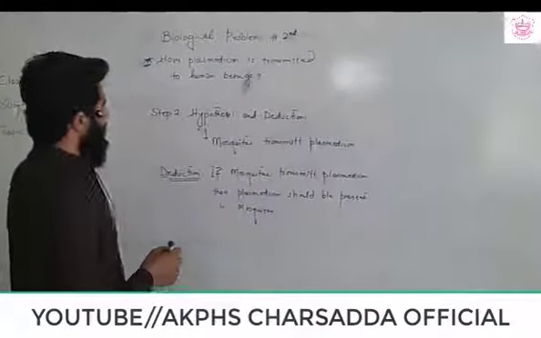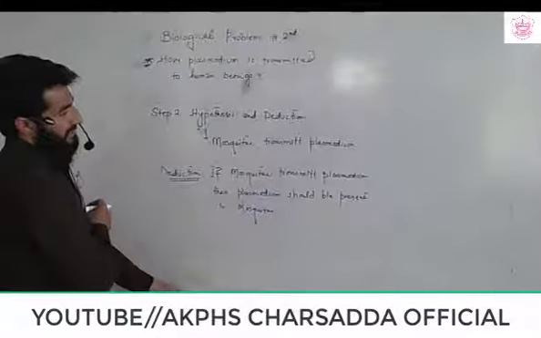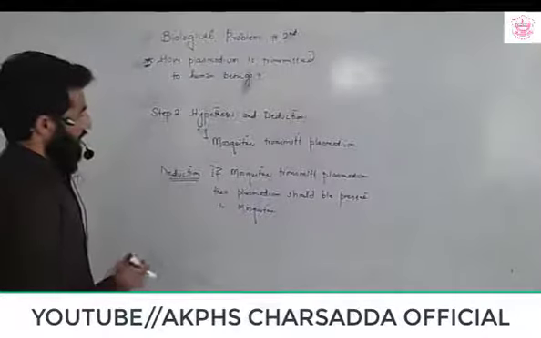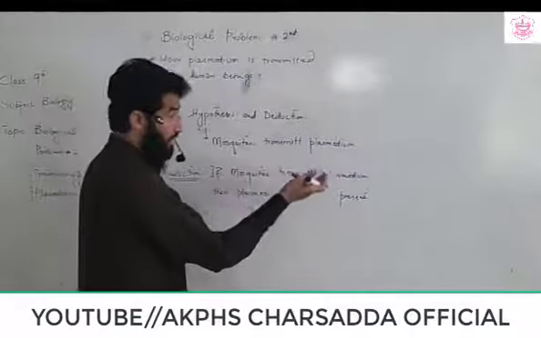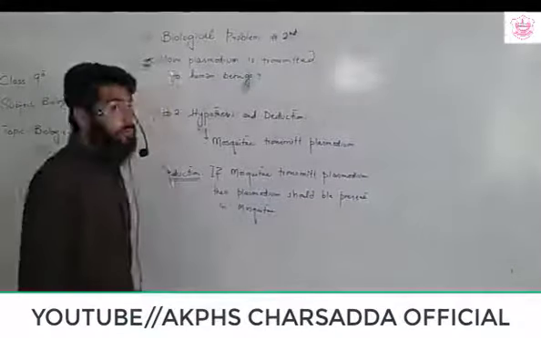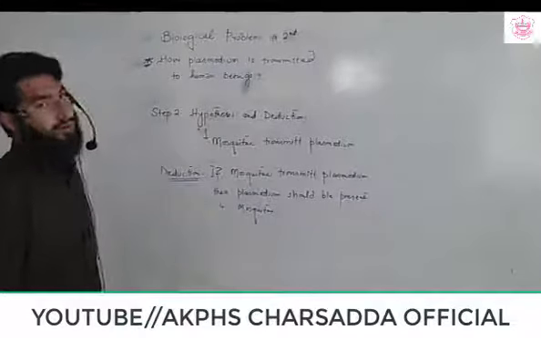Actually, to check the hypothesis, scientists made the deductions, and this is the deduction of this hypothesis: if mosquito transmit Plasmodium, then Plasmodium should be present in the mosquito body.